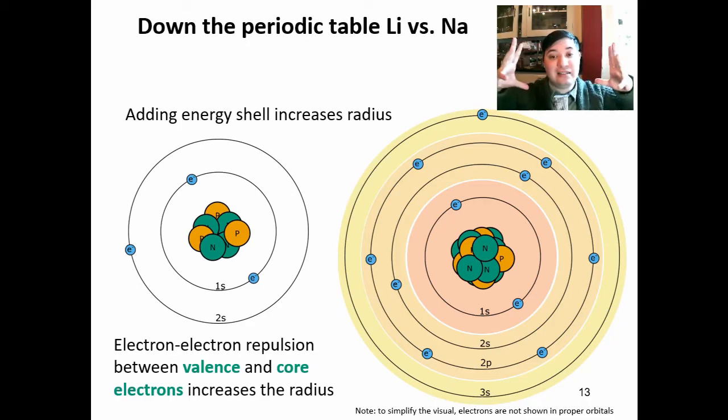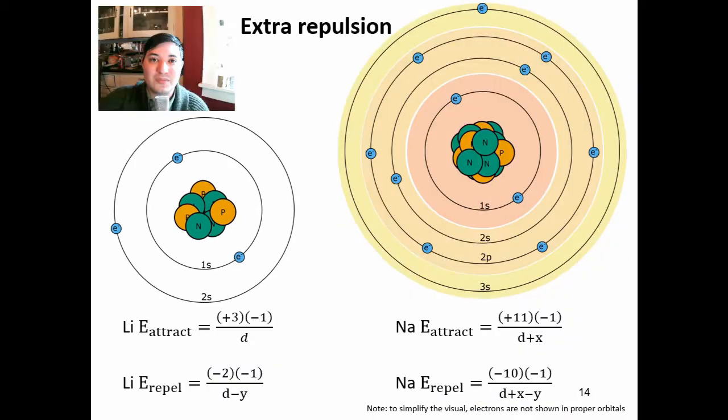It adds distance. In addition, I mentioned valence and core electrons before. So here we have more core electrons, which are then going to increase the number of electron-electron repulsions. So it's simple just to think of adding a shell, think of adding layers on like an onion. You're going to increase your radius. You're also going to increase repulsion.